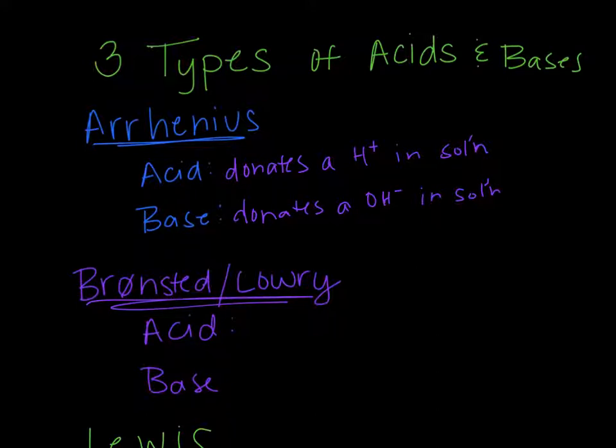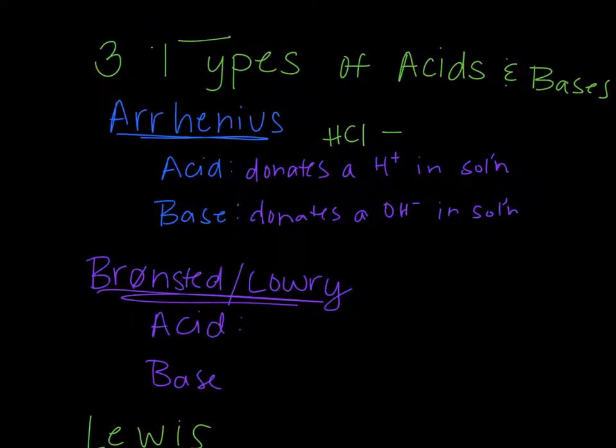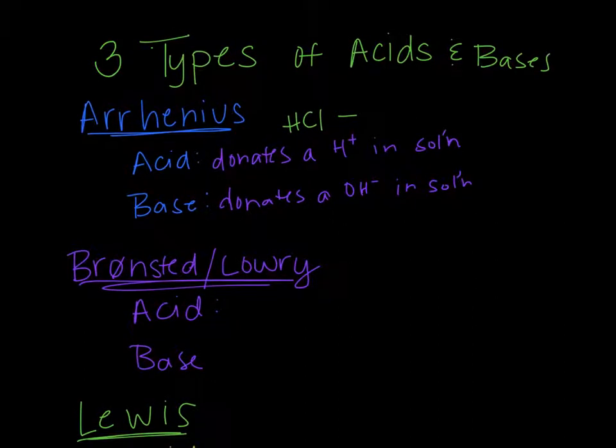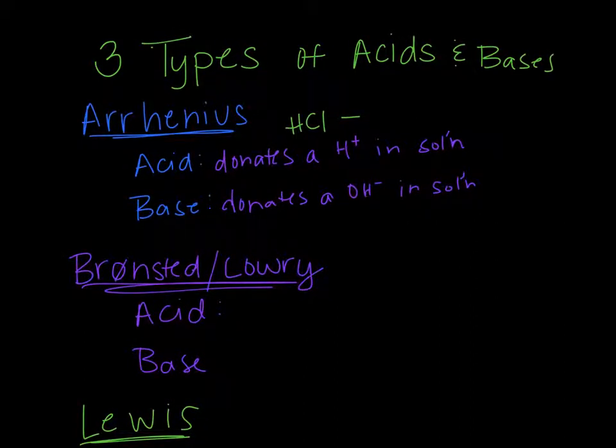So if we look at this as an example for the acid, if we put HCl in water, then it's going to produce hydrogen and chloride. It's going to completely dissolve in water.